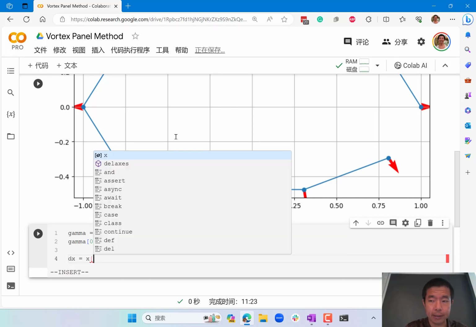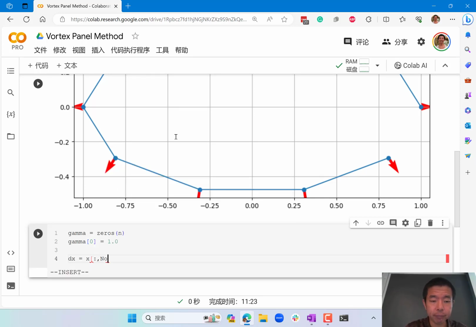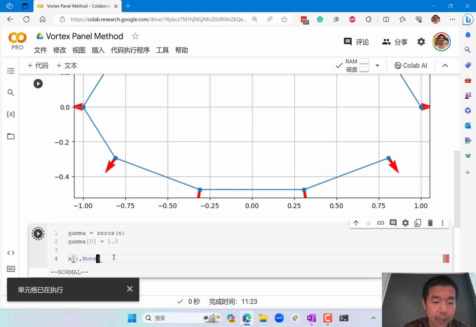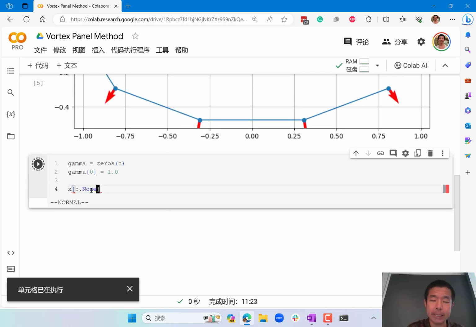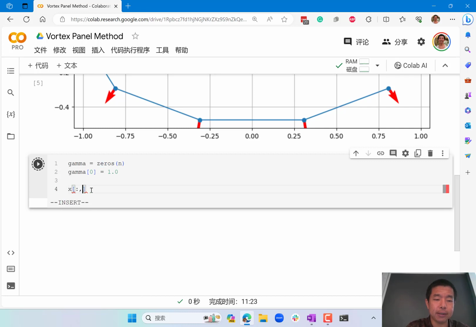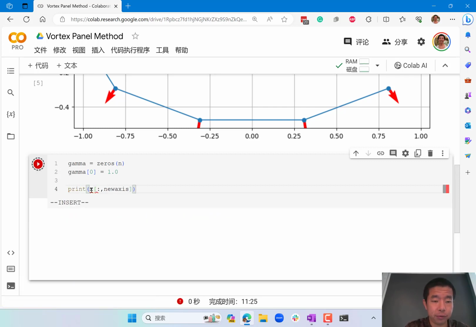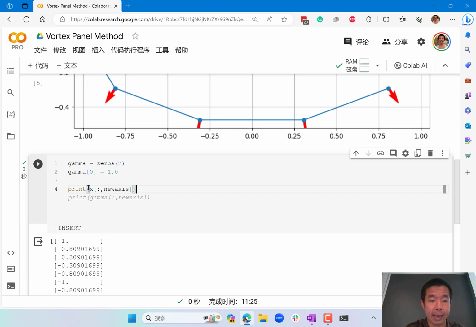So let me actually just help you look at what is x with a None. So basically, this can also be written as newaxis. That basically tells me to put another dimension on this x.